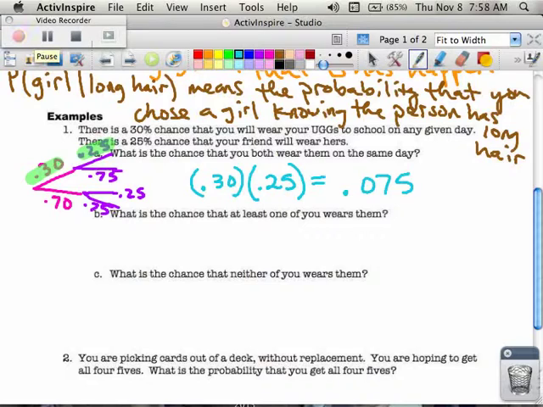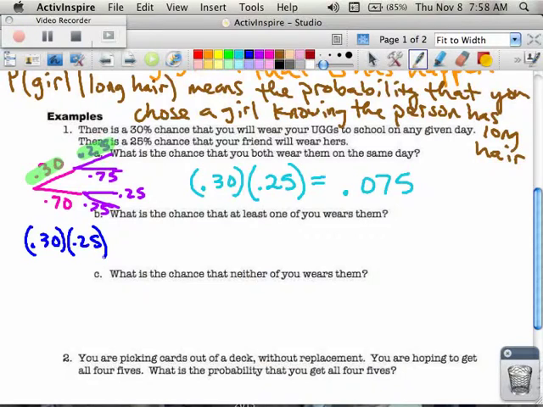If you're trying to find the likelihood that at least one of you wears them, what that means is you wear them or your friend wears them. There are actually a couple of different possibilities for that. For example, as I look at these different paths, you could both wear them, which was that 0.30 times 0.25, because it says at least one of you wears them.